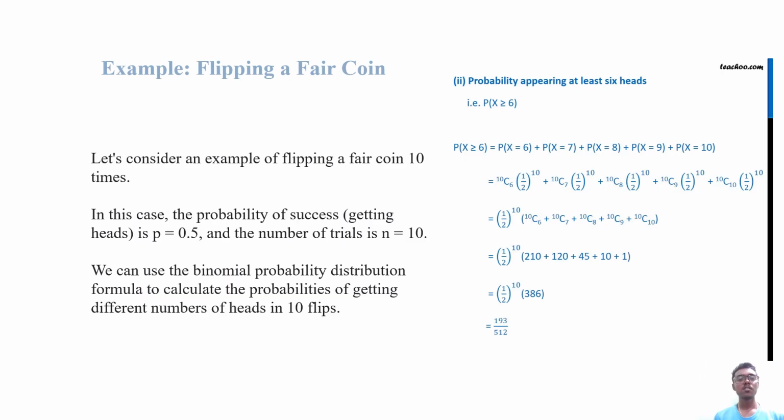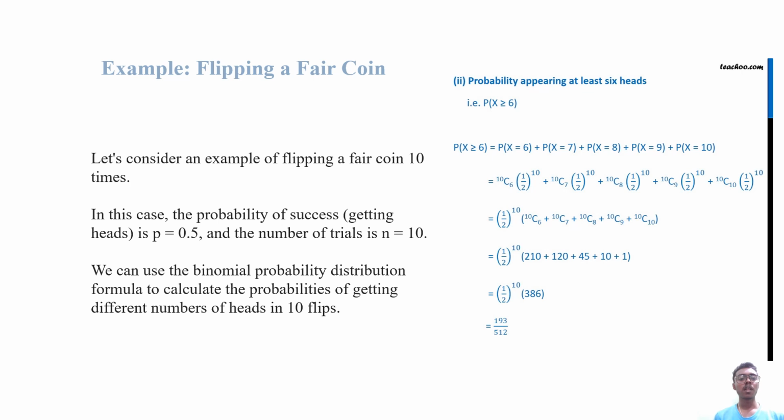And the example for flipping a fair coin. Let us consider an example of flipping a fair coin 10 times. In this case, the probability of success, which means getting heads, is p = 0.5, because in a coin we have two faces, one is heads and one is tails.